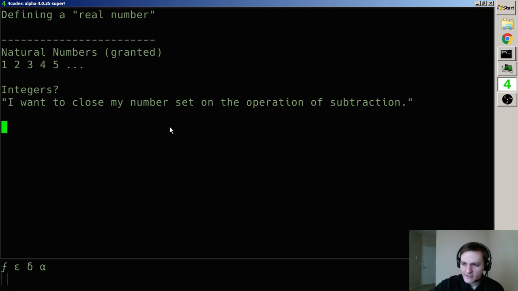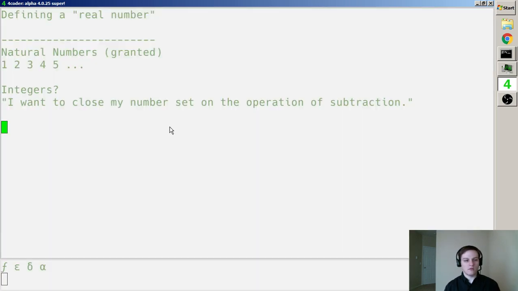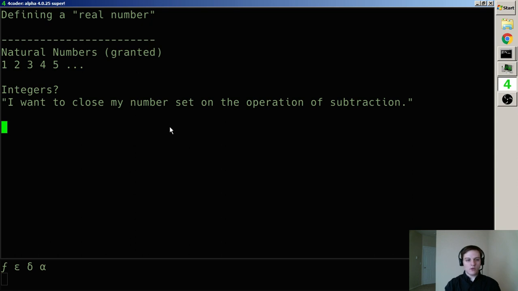So if I'm closing this set under the operation of subtraction, how do I go about doing that? Well, you could just say, well, we have negative numbers, right? 1 minus 2, and that's negative 1, and there you go. It's closed now because we have negative numbers. But if we want to be a little bit more fundamental about it, using as few assumptions about what we already know about negatives as possible, what we can actually do is say let's have this thing that we'll call a representative of an integer, like a1, a2, and so this will be our integer representative.